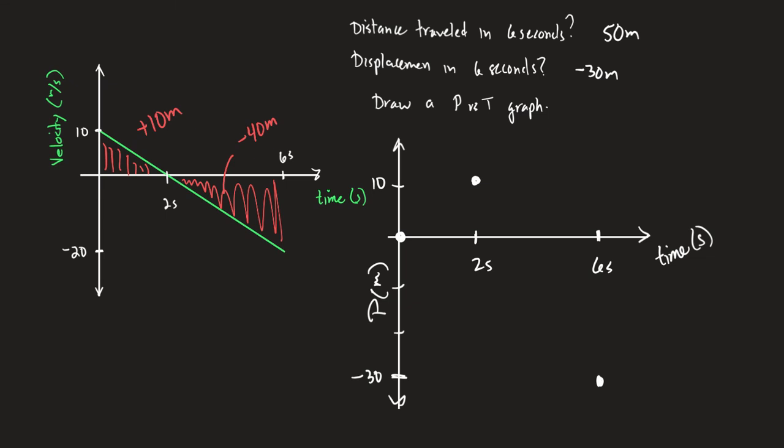That distance has to be 40 meters in the negative direction. At 2 seconds, it stopped, slope of 0. At 0 seconds, positive slope. At 6 seconds, negative velocity, negative slope.